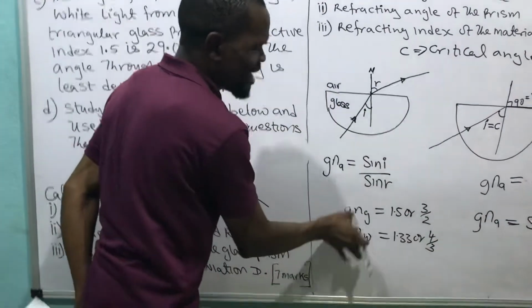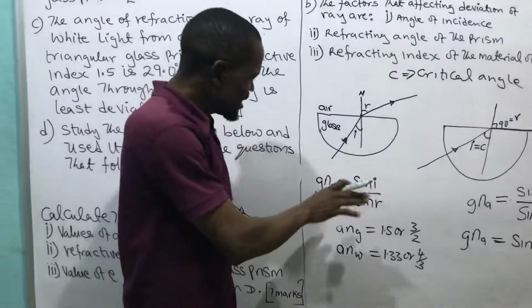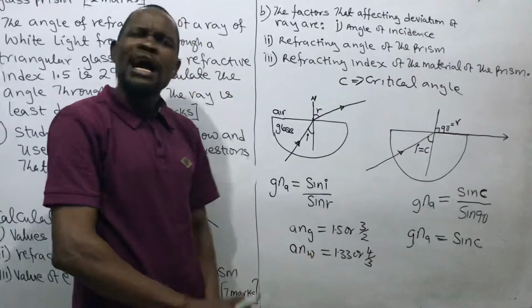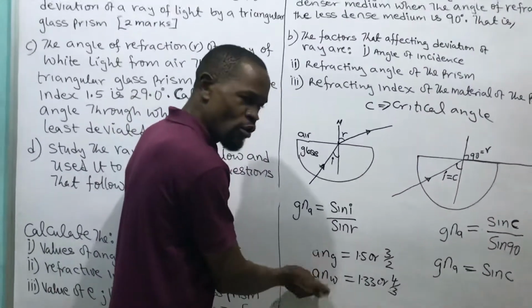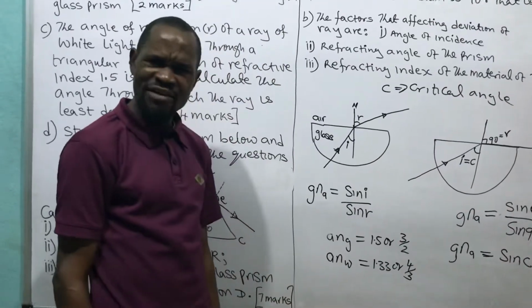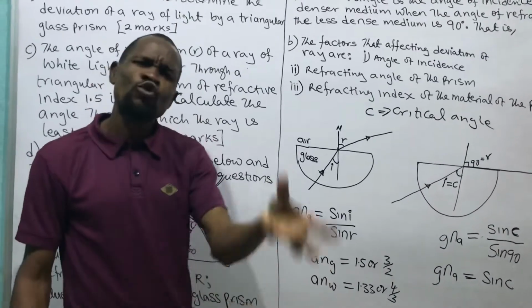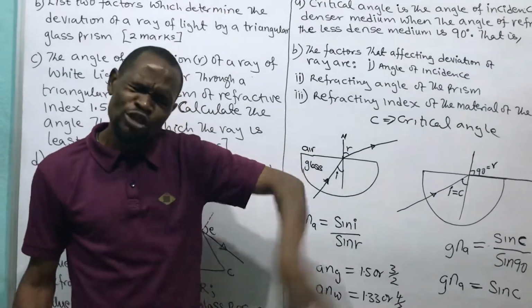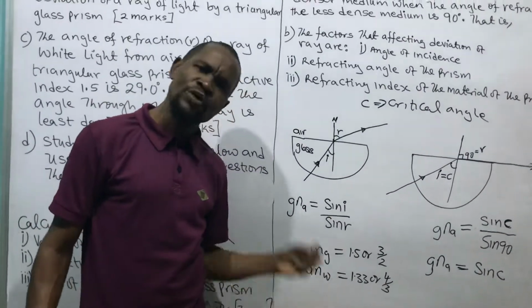These are the only two refractive indices I have in our diary. So if any one falls outside of these, I have to resolve it to come in the form of these which I know.